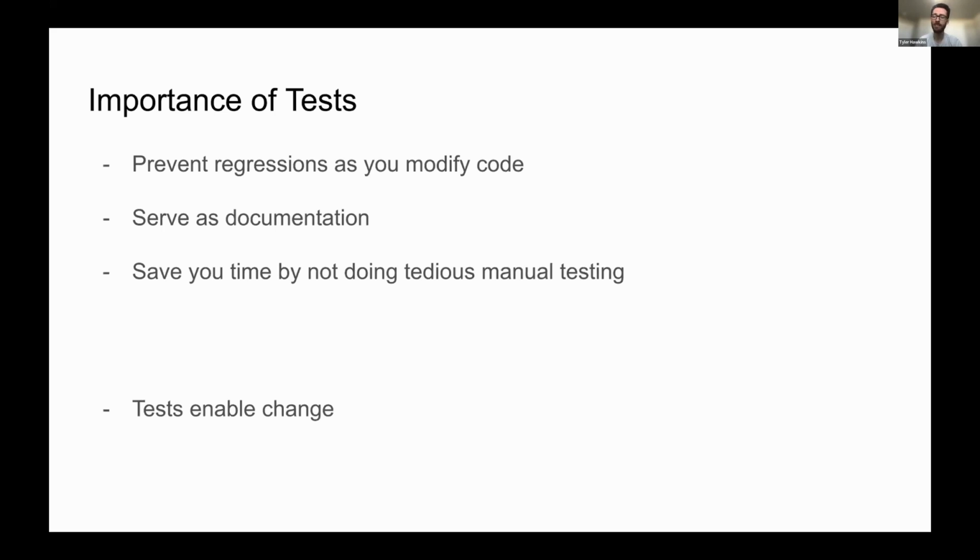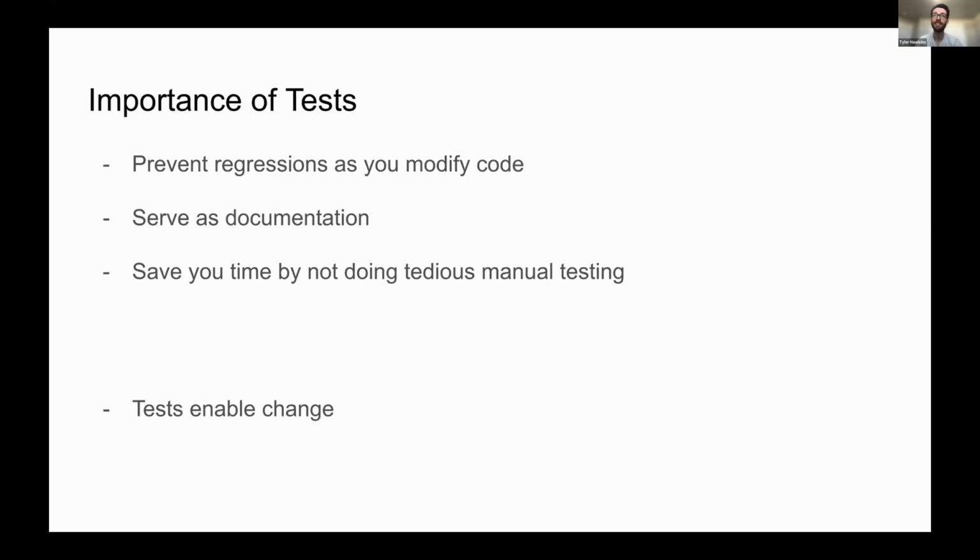They'll let you know if something is wrong or breaking. Secondly, tests serve as documentation. When you write those tests, you're documenting the behavior as the app currently works, and you're documenting your expectations as a developer. It's a great place to clarify the product requirements and how this code should be working. And then finally, tests save you time by not doing tedious manual testing.